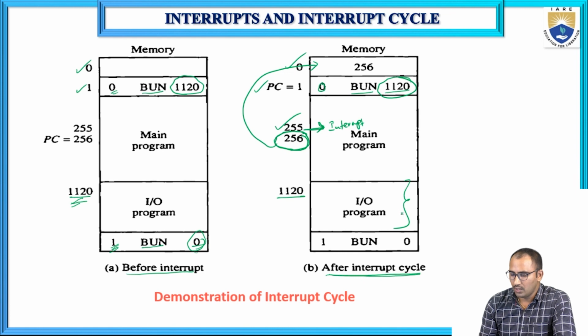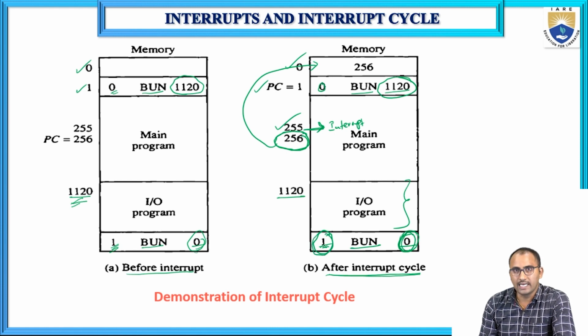In the IO program, what is the last instruction? 1 BUN 0. So what is 1? This 1 specifies indirect address. That means this 0 is not the address of the operand, but the address of the memory location that contains the operand.